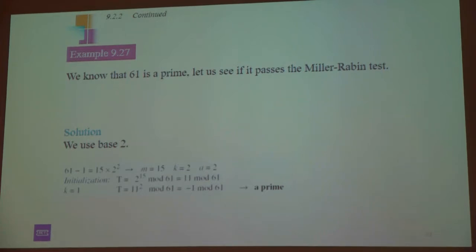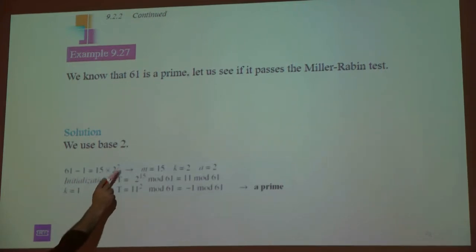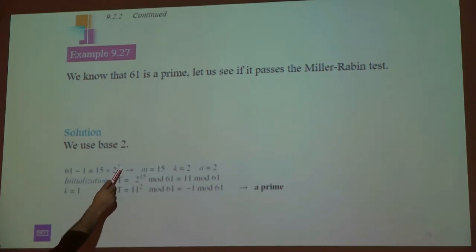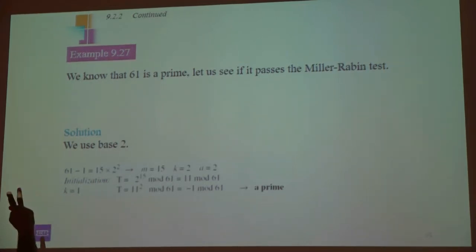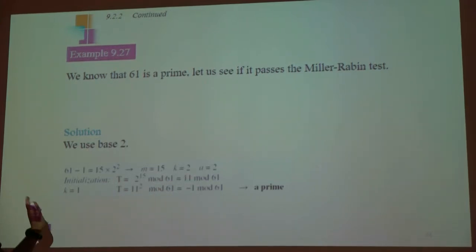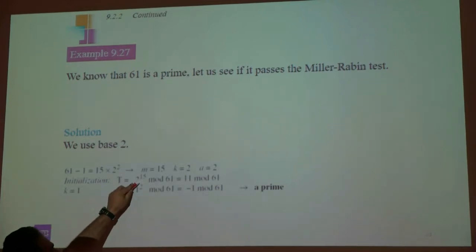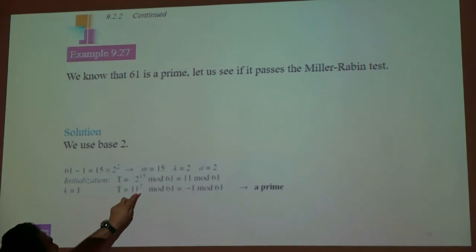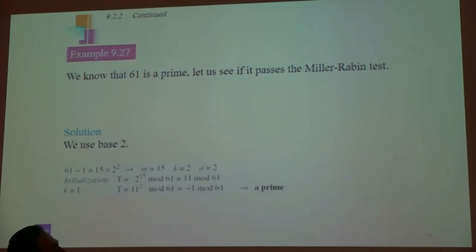Again, we're going to use the same technique. 61 minus 1 is 15 times 2 to the power 2. 15 is the m, 2 is the k, so we have 2 loops. M is 15, k is 2, and a is 2. Here the initial step is t equals 2 to the power 15 mod 61, which gives 11. Then square the 11, mod 61.